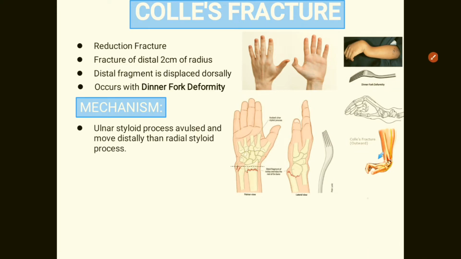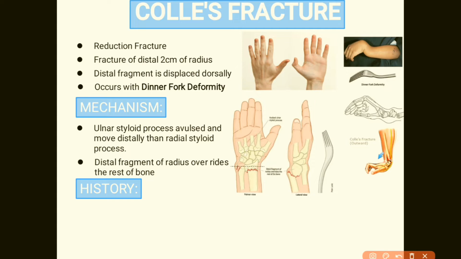Now we will discuss the mechanism of how the Colles fracture happens. So here we have a mechanism. In Colles fracture, the ulnar styloid process is avulsed and moves distally as compared to the radial styloid process, and the distal fragment of radius overrides the rest of the bone dorsally.